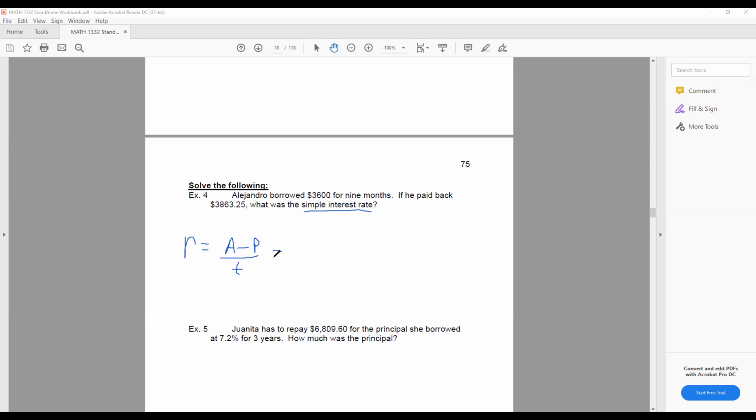Since I already gave you the formula, you just plug it in. 3863.25 minus 36 divided by time, but time is in 9 months. So we gotta change it.